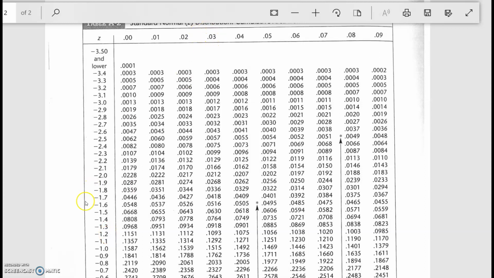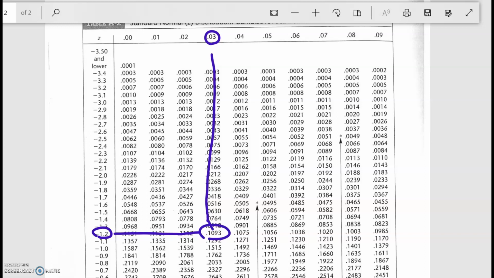If you add 1.2 to 0.03, that will give you 1.23. So start here and I go across. Start here and I come down. Where they intersect, that's going to be my answer.